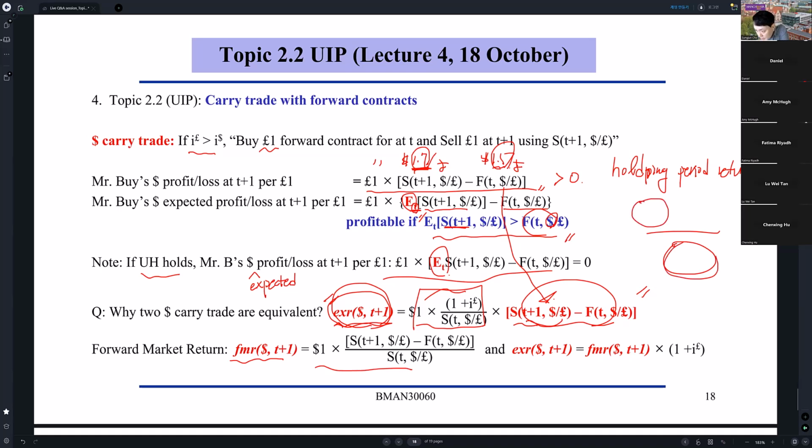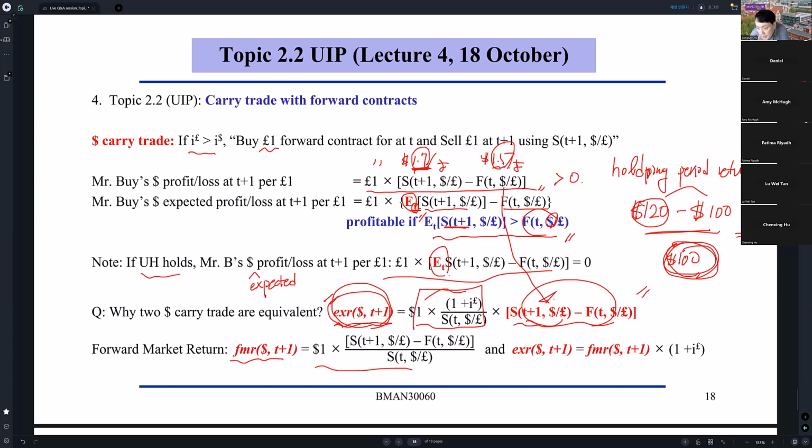Let's say you buy a stock for $100 today, and you sell that at $120 next month, then your return will be something like this. This is the holding period return.